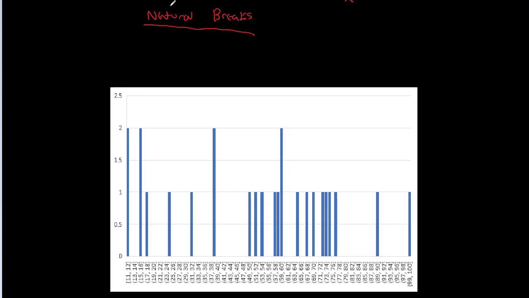Typically, the best place means it's going to look for wide gaps in the data set. It finds wide gaps in the data set to use as class breaks.